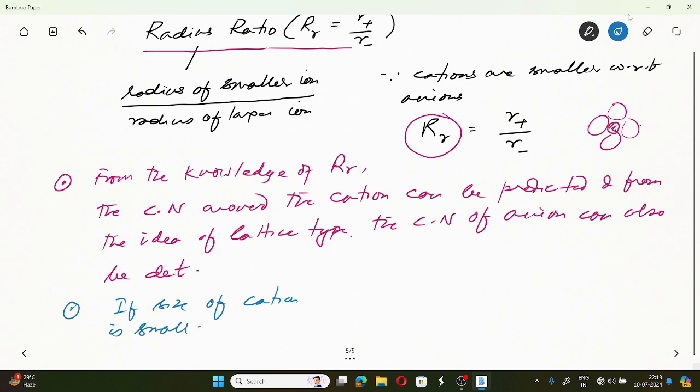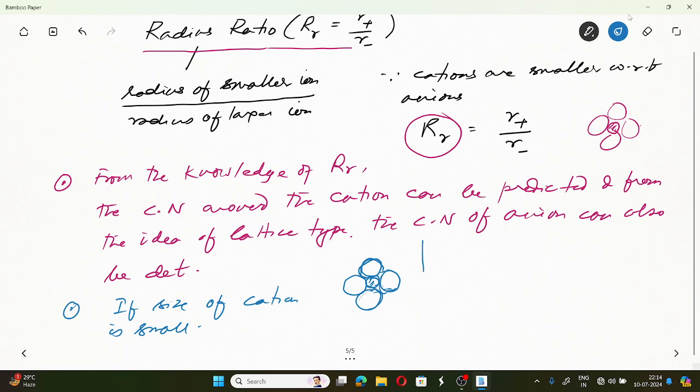If the size of cation is small, what will happen? Suppose these are the anions which are larger in size. You'll find that 4 anions will fit around this cation by concept of close packing. That is, coordination number is lower, coordination number is 4.